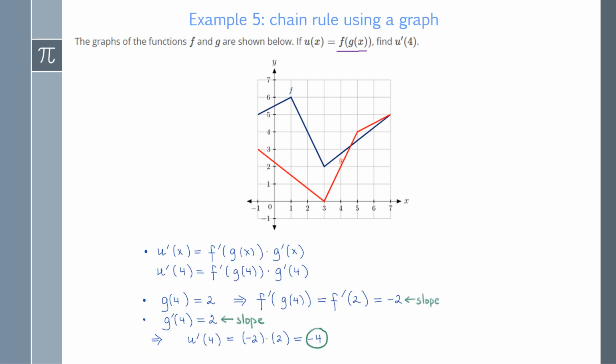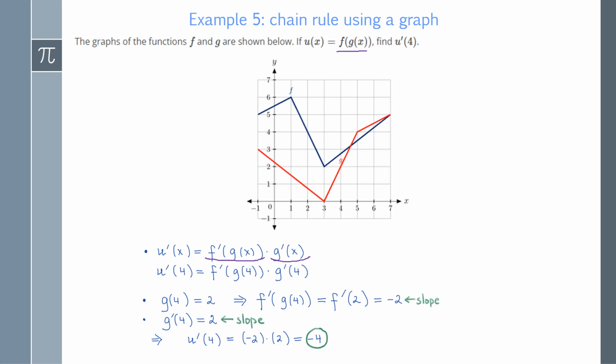Here is my solution. The first step is writing out the chain rule. So u prime is f prime of g of x times g prime of x. This is just the definition, the actual rule that we've discussed at the very beginning of this lecture.